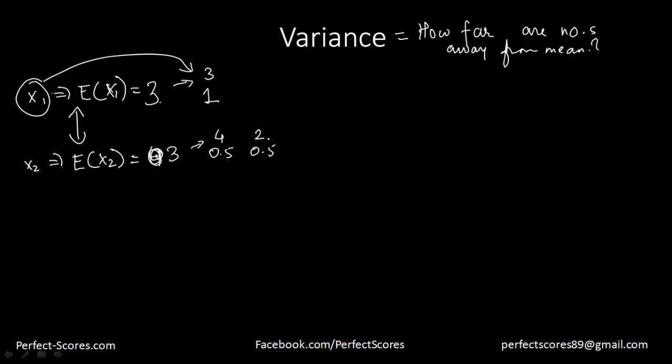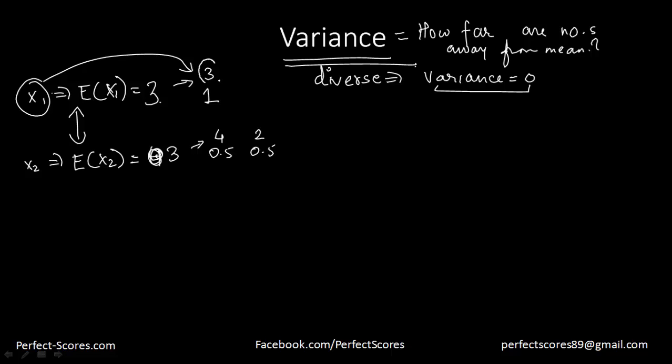For us to identify that, we try to find the value of variance to check how diverse the probability distribution is. Because if the variance is equal to 0, that means there is no dispersion in our probability distribution. That means a random variable is going to take a value with probability equal to 1.